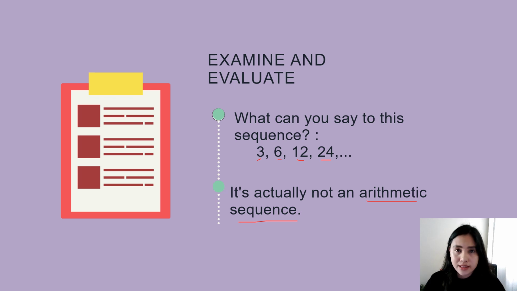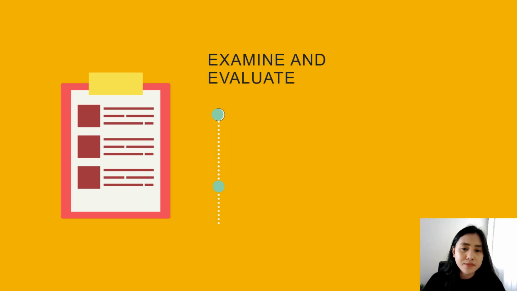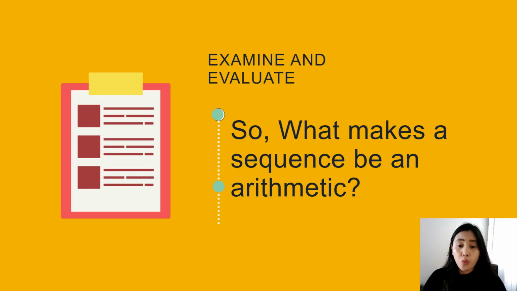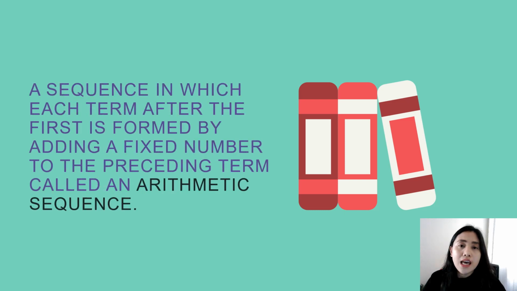arithmetic sequence. So, what makes a sequence be an arithmetic? A sequence in which each term after the first is formed by adding, take note, adding a fixed number to the preceding term is called an arithmetic sequence.